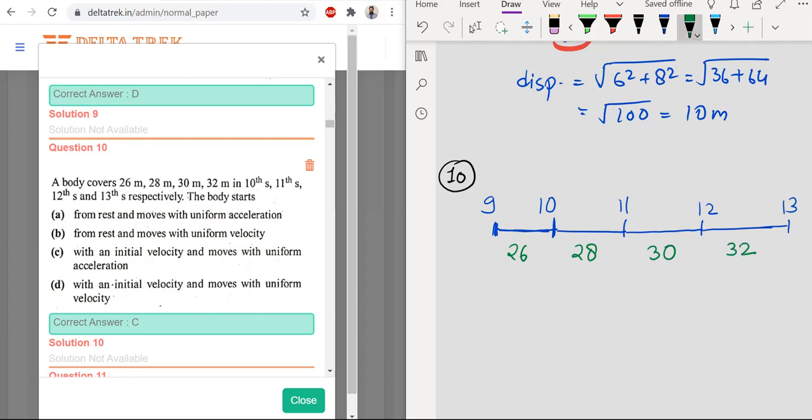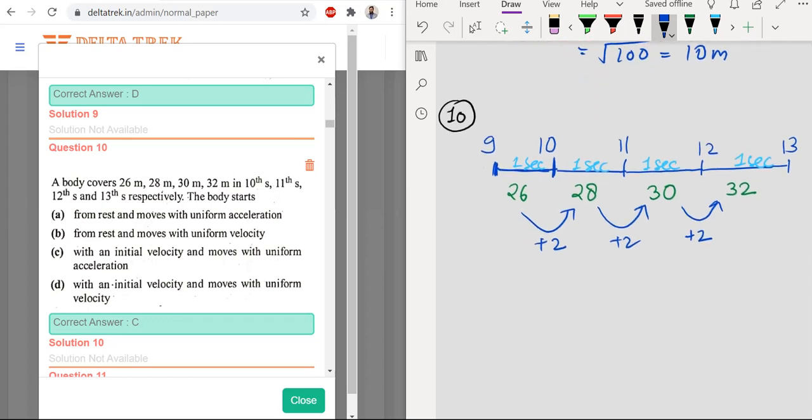So you see these time windows are 1 second, 1 second, 1 second, 1 second. In each 1 second what is happening? Plus 2, again plus 2, again plus 2.